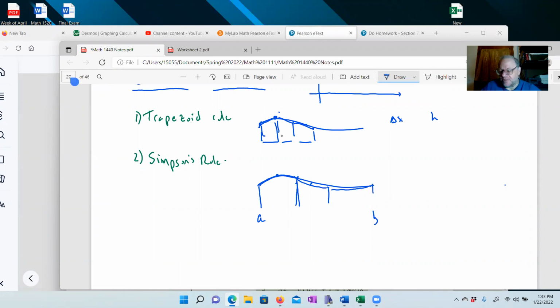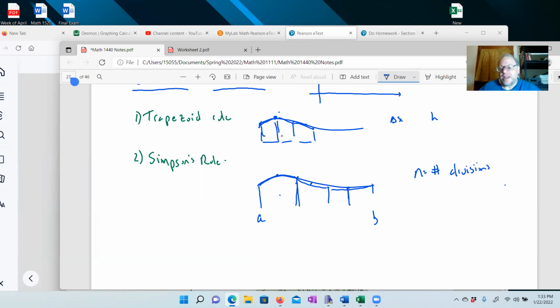However many subdivisions we need here, that'll be our n. n is equal to the number of divisions, the number of regions. So in this case, it would just be 3. We'll probably put one more in here to be 4. Technically they don't have to be the same size, but for ease of computation, we make them the same size.